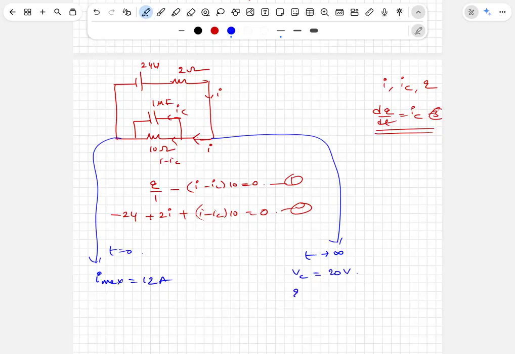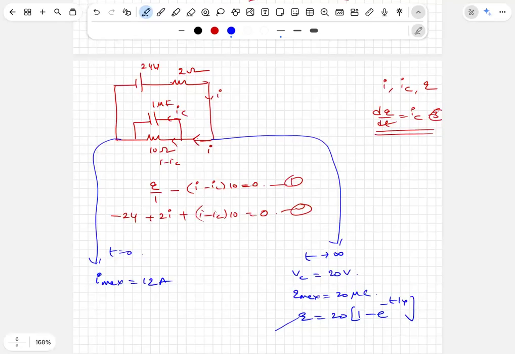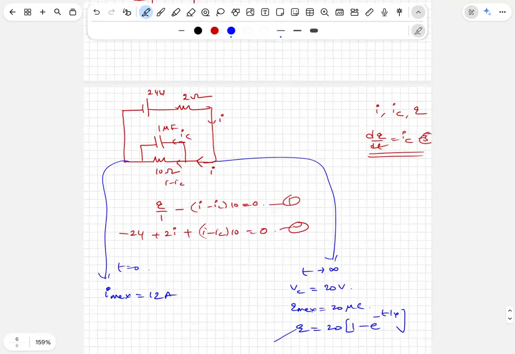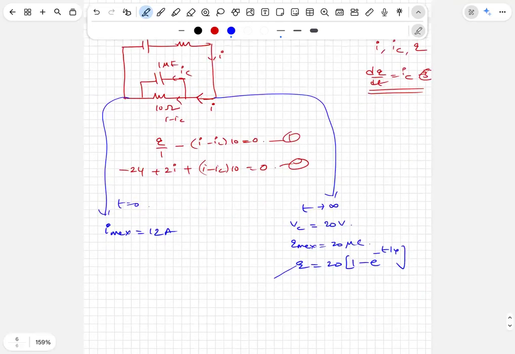So the maximum charge is 20 microcoulomb. At any instant, the charge is 20 times (1 minus e to the power of minus t by tau). Already you know the equivalent tau. You got Q. Differentiate that and you'll get the current in two steps. Choice is yours, whether you go with equations or with this technique, it's purely your choice.